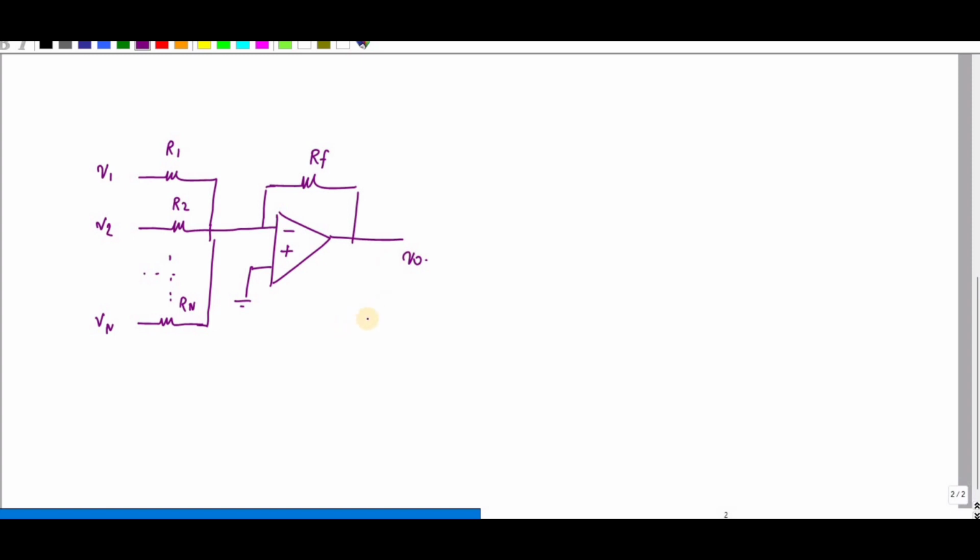For the inverting amplifier, AV is equal to minus RF divided by R1, where AV is V0 by Vi. Here, the gain for the nth input I can term as AVn equals minus RF divided by Rn.